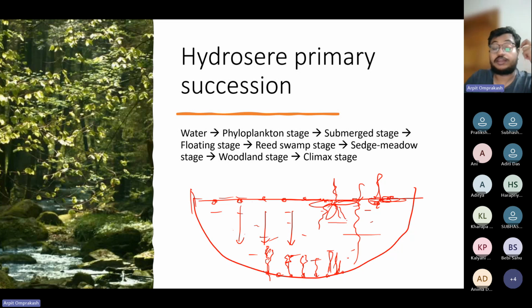Then you can have a swamp kind of stage where the water is slowly trying to dry up and there's more marshy area. Then we have sedge meadow stage and woodland stage. Eventually, due to more and more plants growing up, they take up the water and due to transpiration, they lose a lot of this water. So if this water body is very shallow, eventually all that water will go away and we'll have a woodland stage. And after that, we have a climax community.